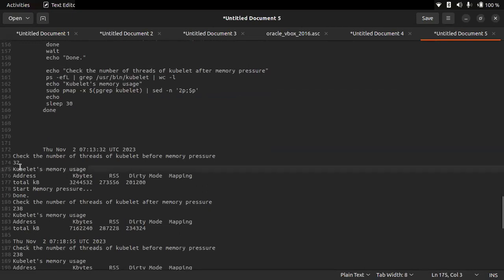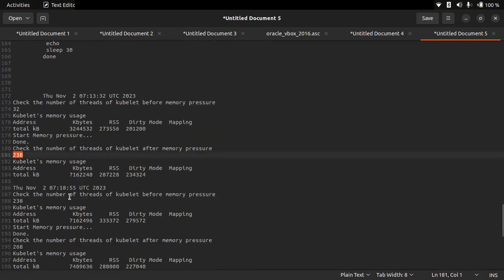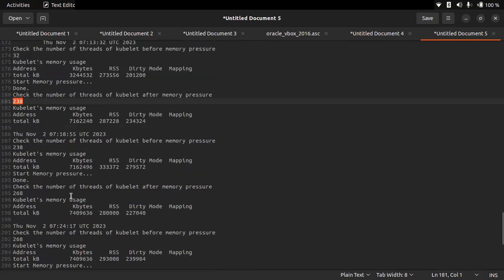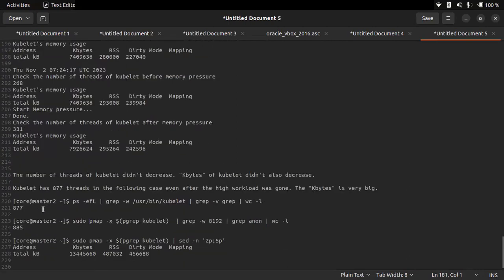After some time, 32 threads were allocated, and after 4 or 5 minutes, it increased as expected because of the workload. But even after we cancel and stop the script, after 2 or 3 hours, the threads were still occupied, and we can see the memory too.